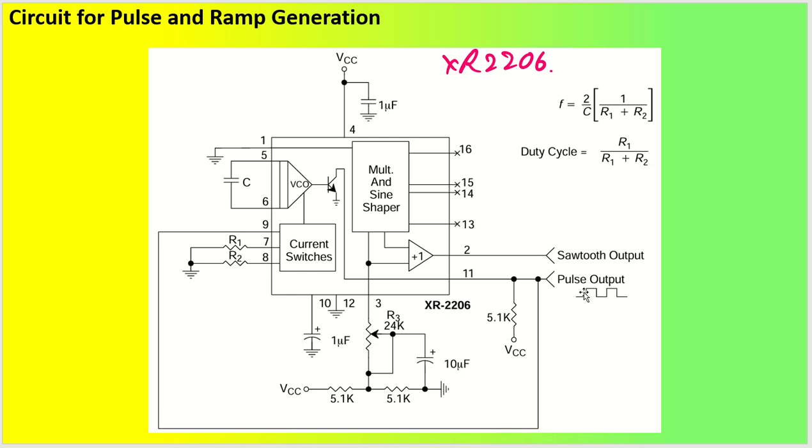With this we have a duty cycle setting, which is R1 by R1 plus R2, the timing resistors, which will set the duty cycle of the output. At the same time we have the frequency setting, which is 2 times 1 by (R1 plus R2) into 1 by C, so that is your timing capacitor.